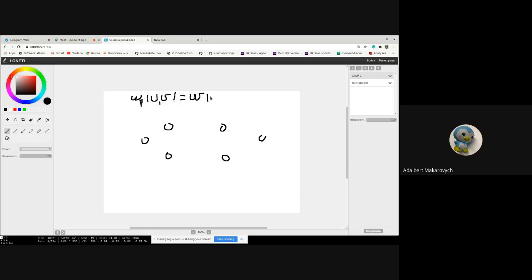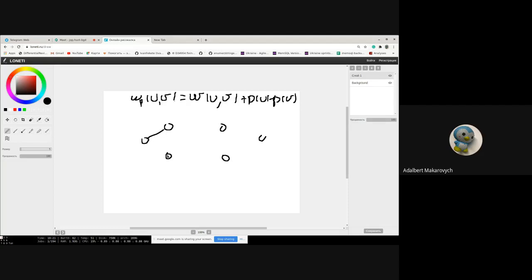Now let's define the potential as the distance from the source to the vertex. Initially we can find these distances with Ford-Bellman, in V squared for the first iteration.